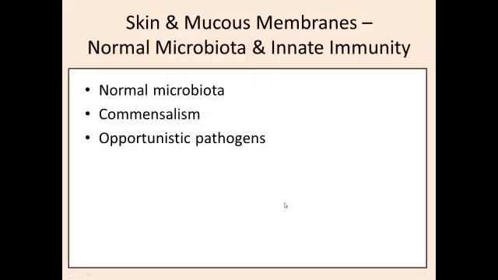Now let's talk about all of these microbes that are living on the outside of you and on the inside of you. Anything that stays for longer than 6 months is considered your normal microbiota. Most of these organisms that are living in symbiosis with you are engaged in commensalism. Some of them are mutualistic, they're actively benefiting you, but most of them are commensal, they're doing no harm.